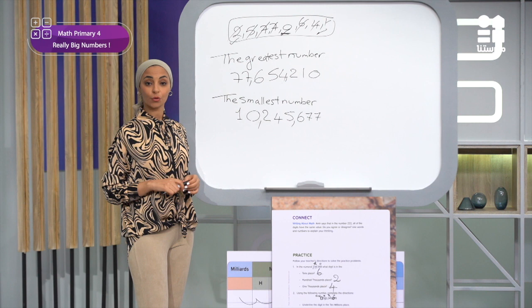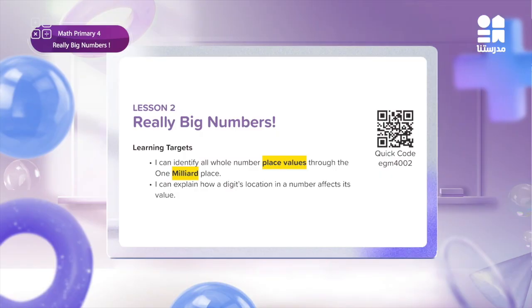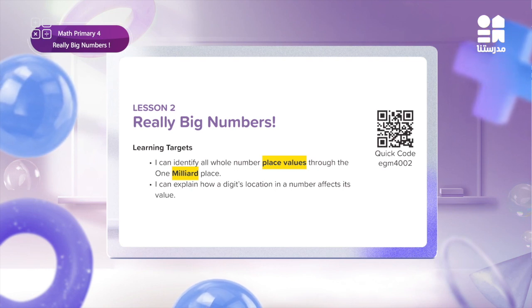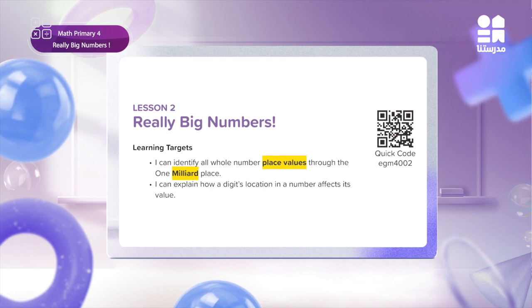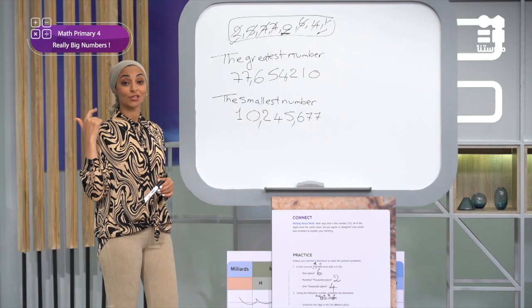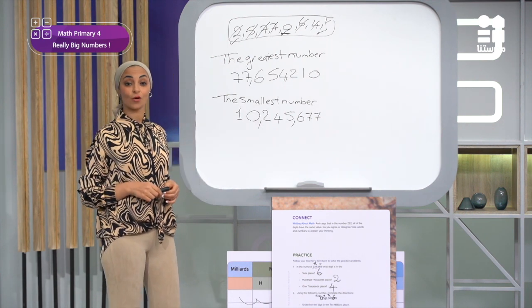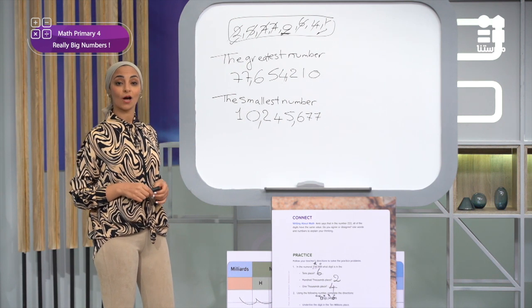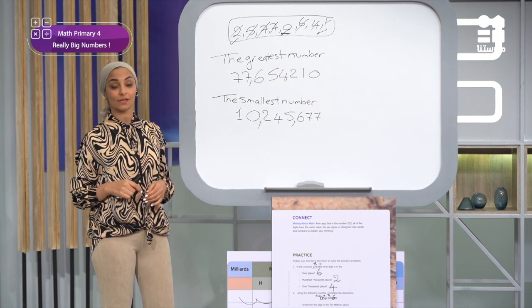You can find other questions similar to that question or different from it in the section Check your understanding, which you can access if you scan the QR code on the screen now or from your digital textbook. At the end of today's lesson, we have learned how to read and write very big numbers by identifying the place value of the number digits and learned how the value of the digit changes according to its place value.